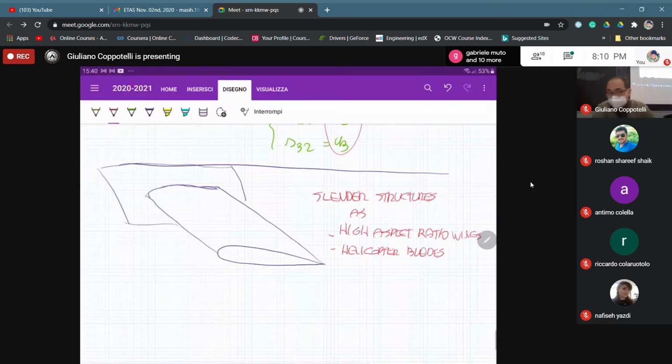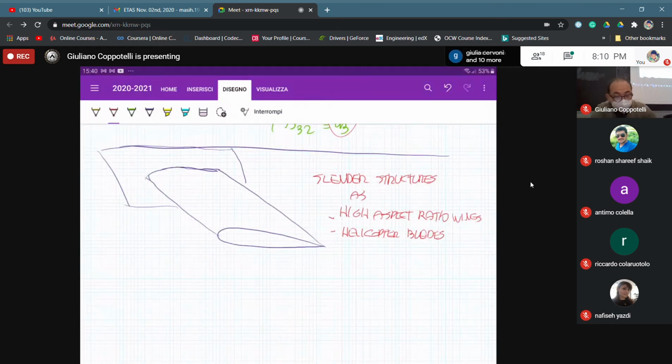Our task is, can we identify the elastic properties of such a structure?